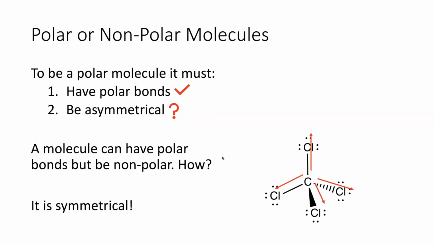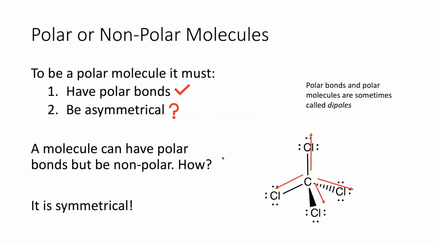The chlorine atom, that's my big polar bear, is pulling electrons towards it, away from carbon. But they're all pulling in equal strengths, and they're all pulling opposite each other. Since this is a perfectly symmetrical molecule, all of those dipoles cancel out. It's basically a tug of war with 4 equally matched polar bears, and the carbon doesn't move.